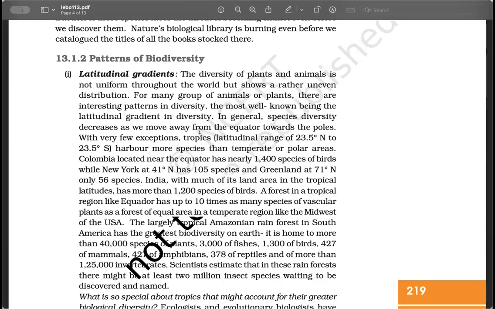In the South Pole, near Antarctica, you will find penguins, right? Polar bears, and seals, walrus, whales, right?